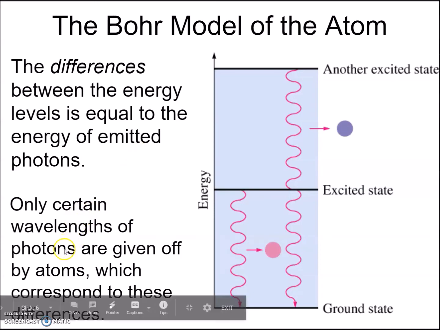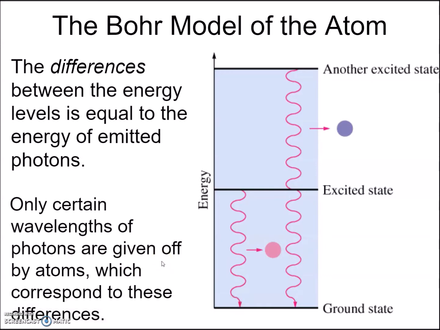Only certain wavelengths of photons are given off, and those certain wavelengths correspond to the differences in energy that are found within the atom. Hence, why hydrogen has only 4 wavelengths of emitted light, at least in the visible spectrum, and you don't see those same differences in helium because they have different energy levels in helium than in hydrogen.